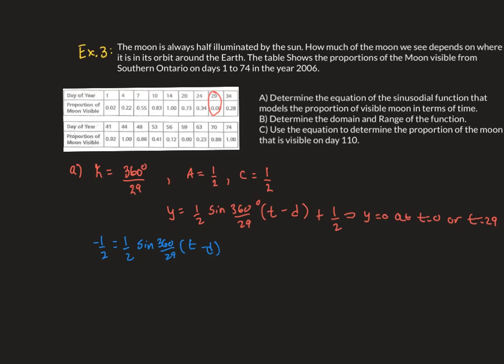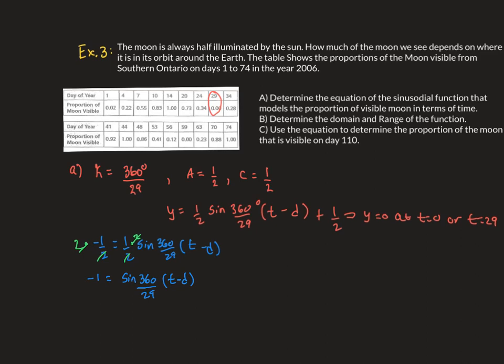So you're going to multiply both sides by 2. Everything here is multiplying, so the 2's will cancel out, leaving me with negative 1 is equal to sine 360 over 29 (t minus d).